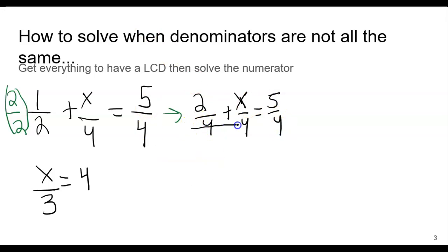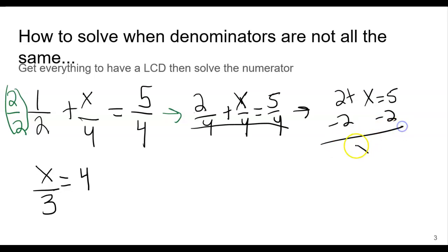Then I can cross off my denominator, and it becomes 2 plus x equals 5. And I end up with x equals 3.